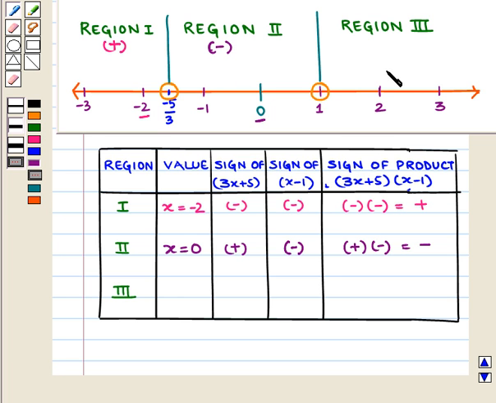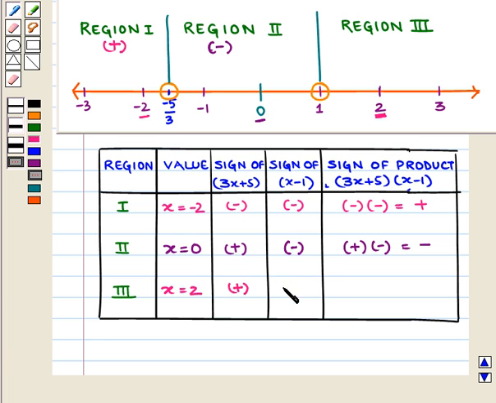The third region, that is region 3, is open interval 1, infinity. Let us choose x equal to 2 in this region. Put x equal to 2 in 3x plus 5 into x minus 1 and check its sign. Sign of 3x plus 5 is positive when we put x equal to 2 in this factor.